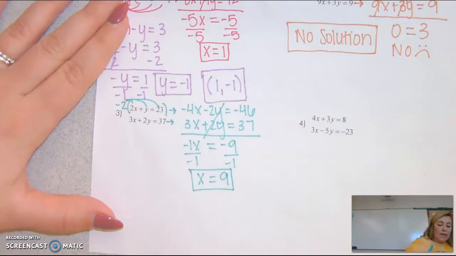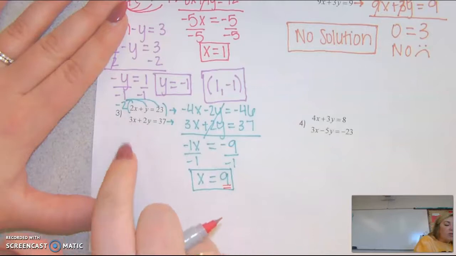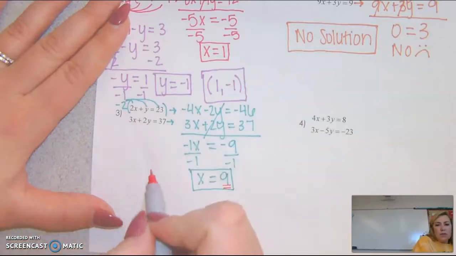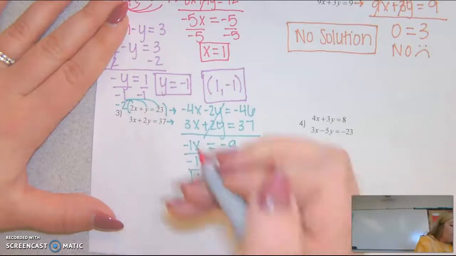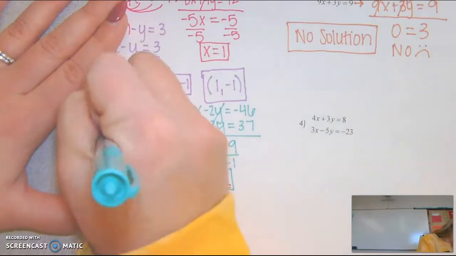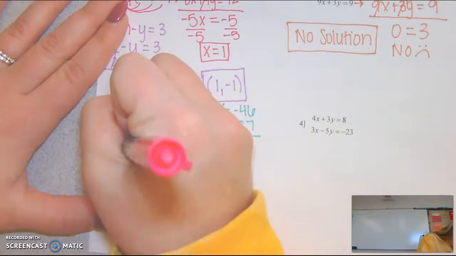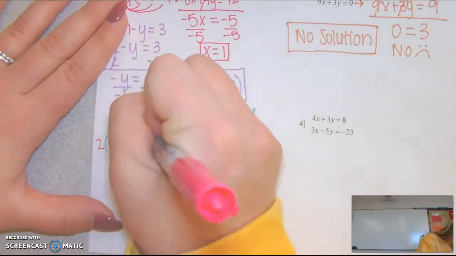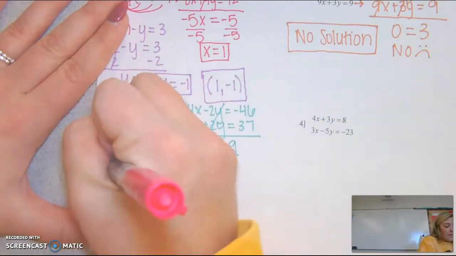So now I'm going to take what x equals, and I'm going to plug it into one of these equations. Pick whichever one looks easier to you. If I need to solve for y, and this top y is by itself, I'm going to plug that 9 into the top equation for x. So I have 2 times 9 plus y equals 23. 2 times 9 is 18.